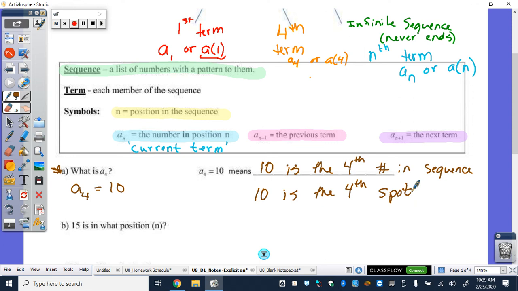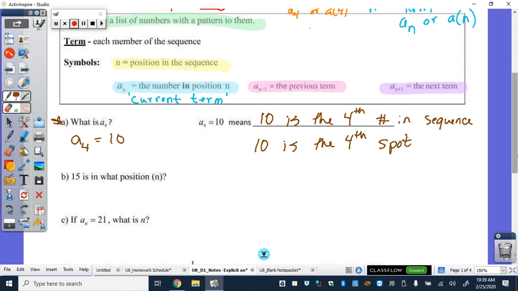Looking at our sequence, 15 is in what position? 15 is in the 5th position, so that means our n would be 5. We could write that as a sub 5 or a of 5. It's just in that 5th position. Then they said if a sub n equals 21, what is n?